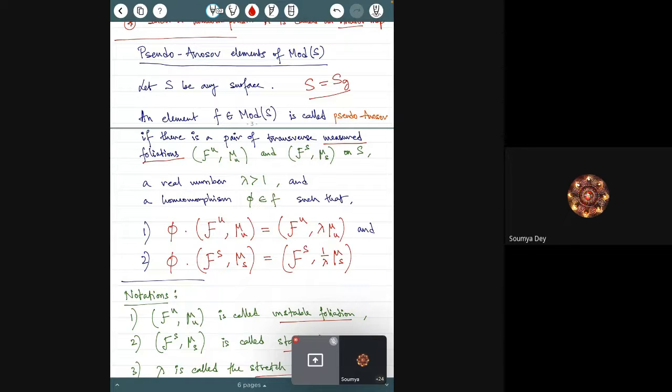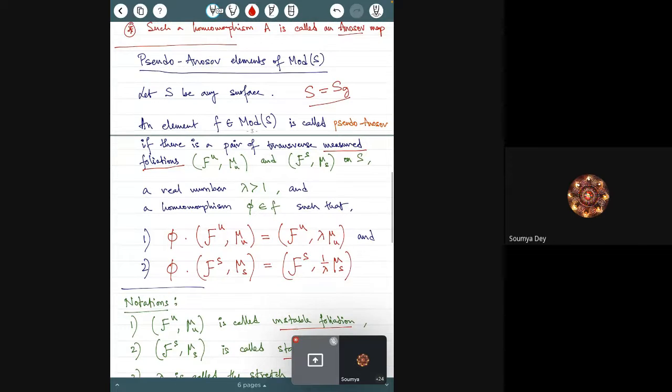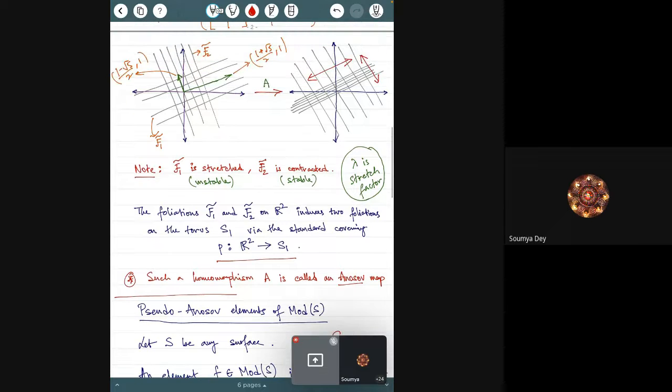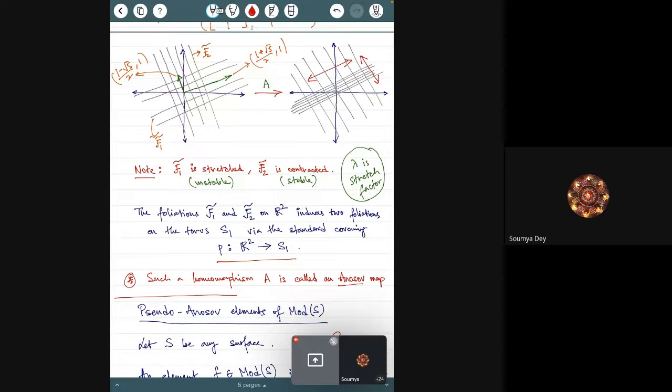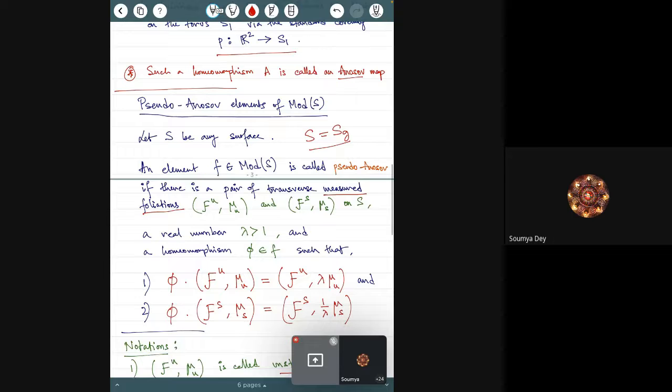And what is called measured: you can define a transverse measure on your foliations just to make sense of this stretching. Here we are stretching these foliations, right? Just to calculate how much they are getting stretched, we need some kind of measure, which is called a transverse measure.